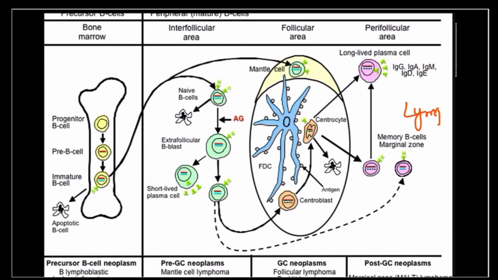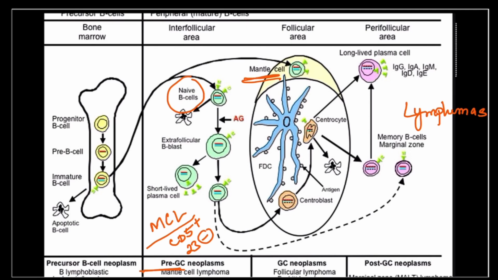The lymphomas arising from the interfollicular area are the mantle cell lymphoma, because these mantle cells are present in the interfollicular area. They have an immunophenotype which is different from the normal naive B cells. So the mantle cell lymphoma cells are positive for CD5 but negative for CD23.